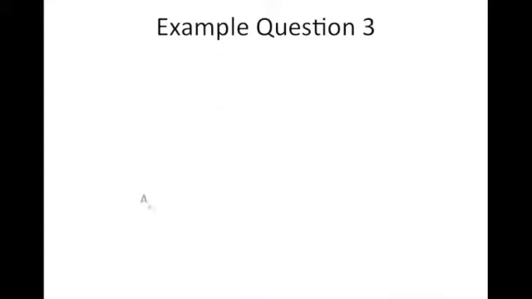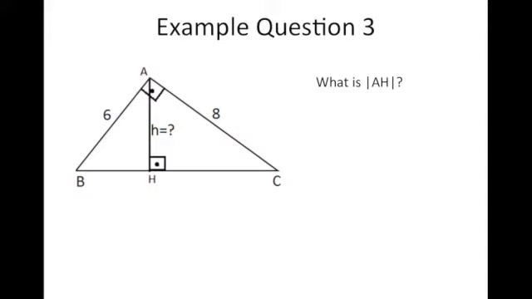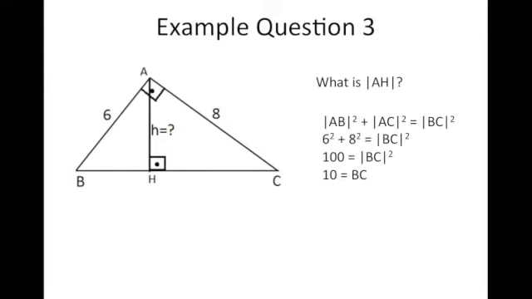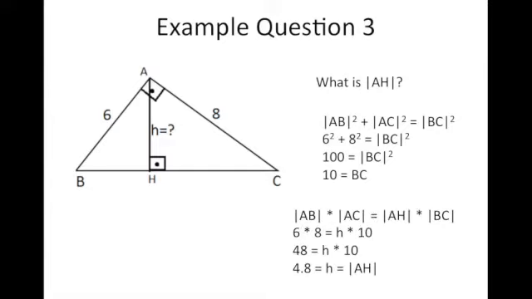Example question 3. What is AH? So to solve this question, we must first use the Pythagoras theorem to find BC. And from that formula, we will find that BC will be equal to 10. And then we will use the Euclid theorem to find AH. So we will use the fourth formula of the theorem, which is AB times AC is equal to AH times BC.